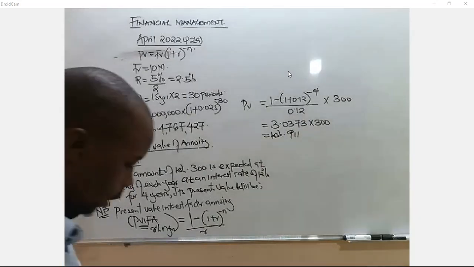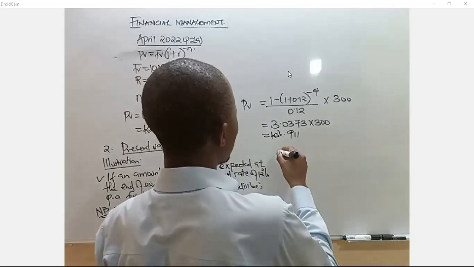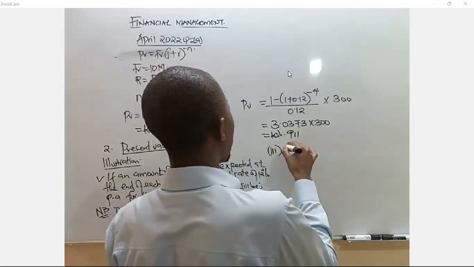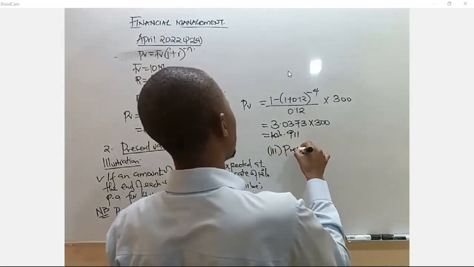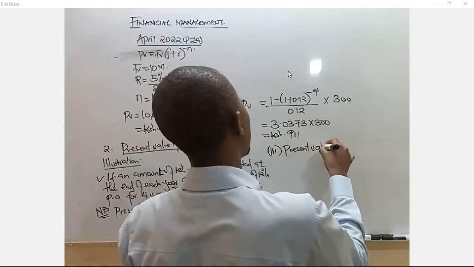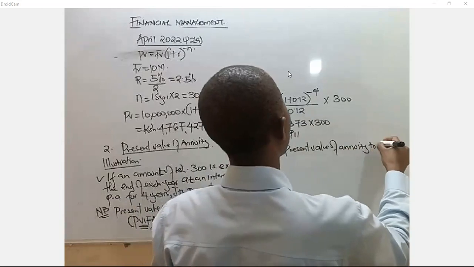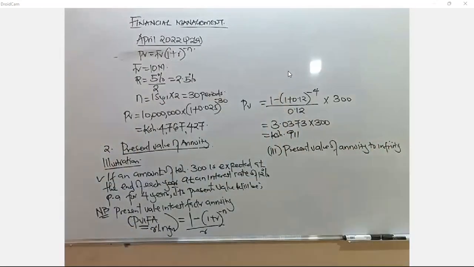The last discounting technique, number 3, is the present value of annuity to infinity. What is the present value of annuity to infinity?